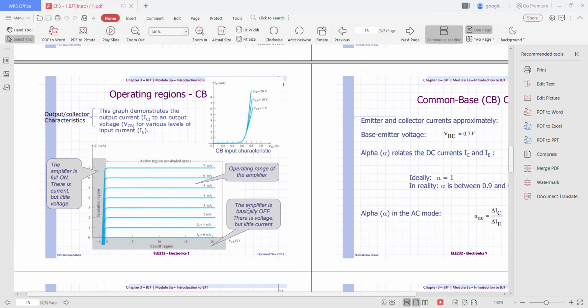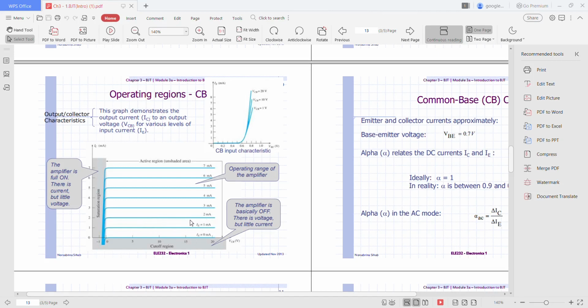So this graph demonstrates the output current IC versus the voltage VCB for various levels of input current IE. This is IE equals 0 milliampere. Sorry, this is 1 milliampere.